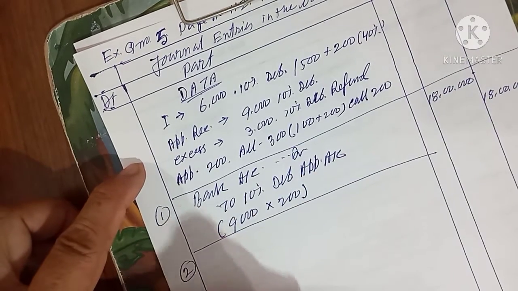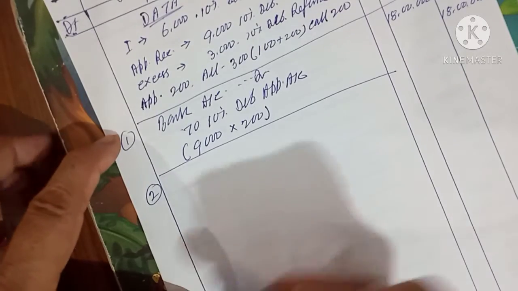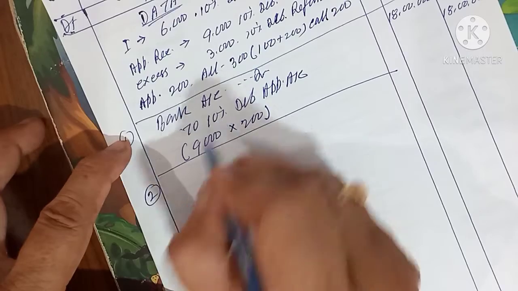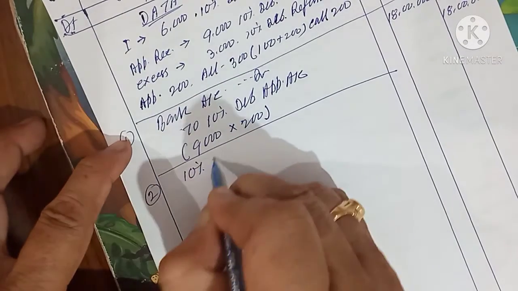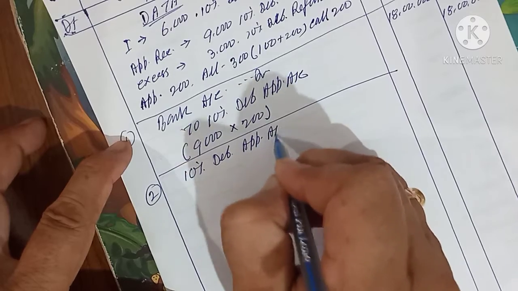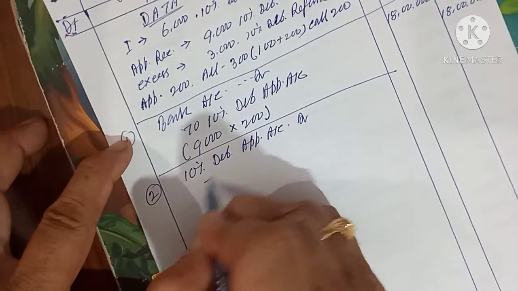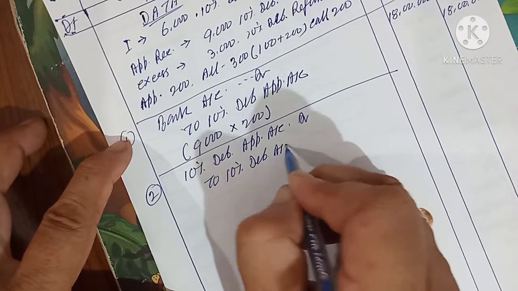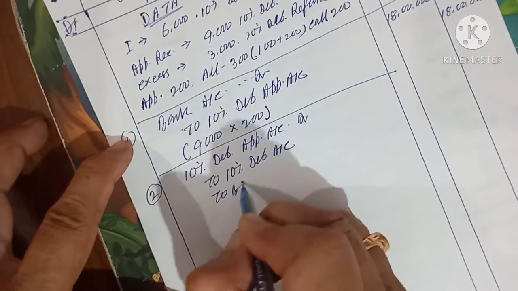Now we are going to transfer this money to the 10% debenture account. First of all, this is credit, we have to make it a debit. 10% debenture applications account debit to 10% debenture account and to bank account.